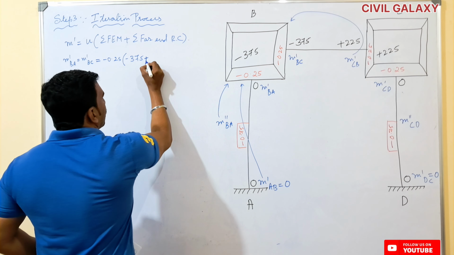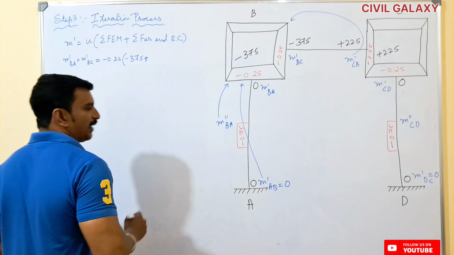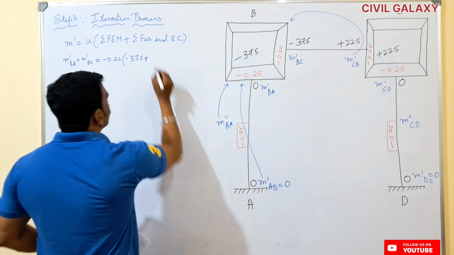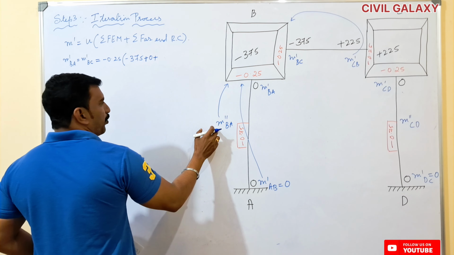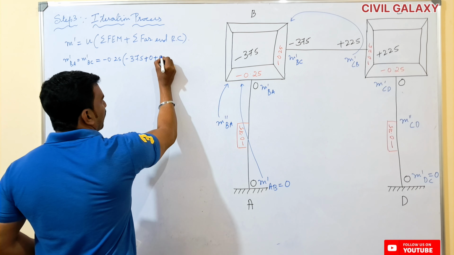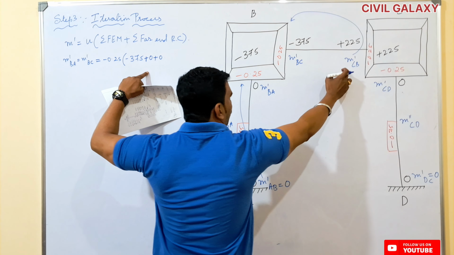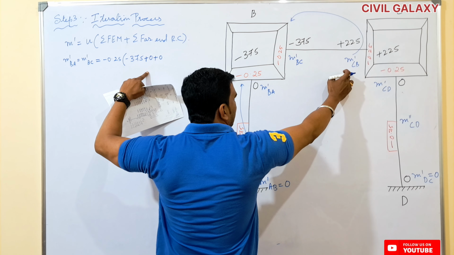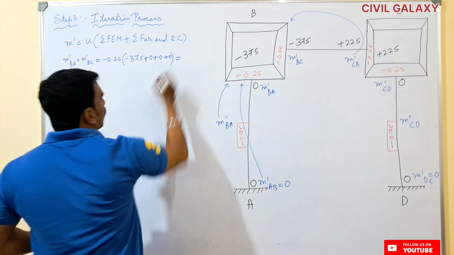For M dash AB, since it is a fixed support and an end support, we are not taking it, so the value is 0 over here. The displacement contribution we don't know, we need to calculate, so for the first cycle this will be 0. And here also the far end rotation contribution M dash CB, we don't know the value, so this also will be equal to 0.